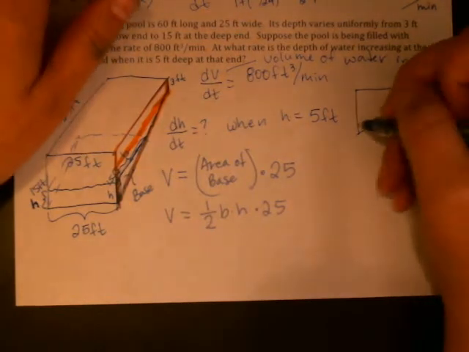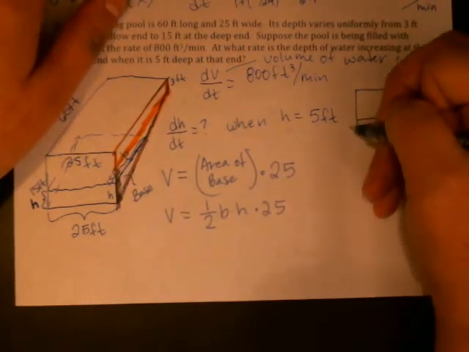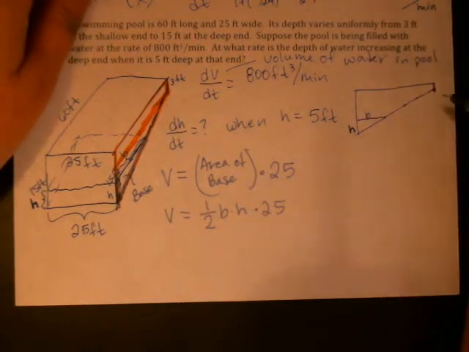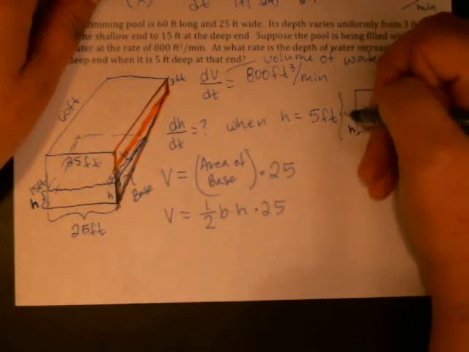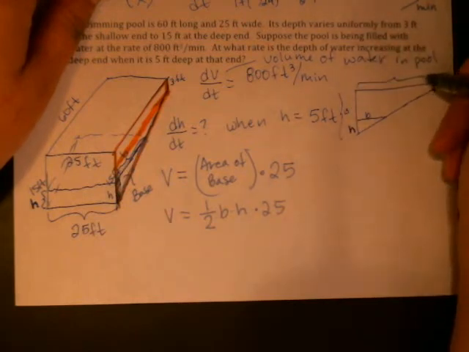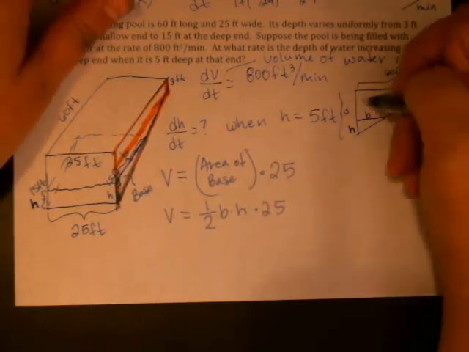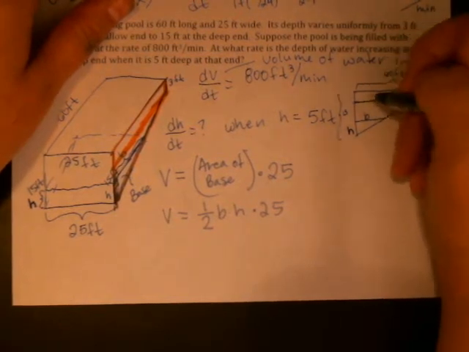So we have this 5-foot depth that we're interested in, but we're not going to fix that because we're interested in some change happening. We have this H and this B, and we know that this entire height here is 15, and this entire length is 60. The problem is this top 3 feet is kind of a distraction. If we want a triangle, we just chop it off completely.